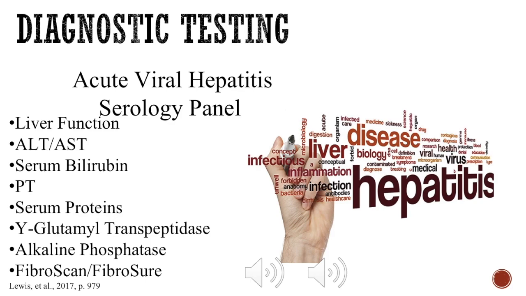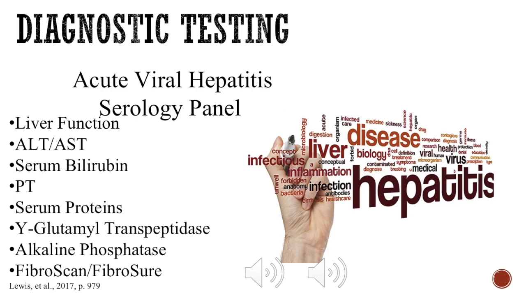A probe is placed outside of the body where lateral lung sounds would be heard at the area of the liver, and it vibrates, and these vibrations send back a result, and that lets the healthcare provider know how much fatty change or scarring has occurred to the liver, based off these vibrations.